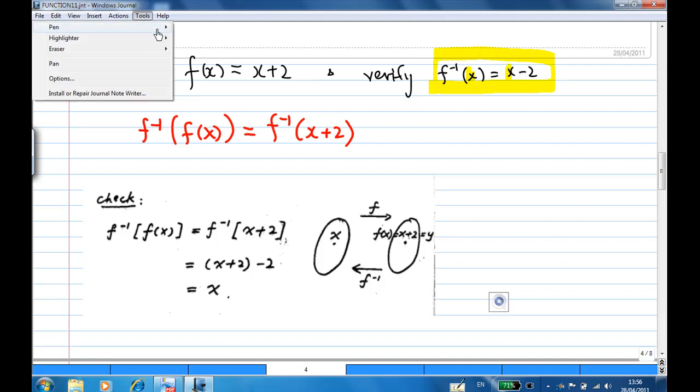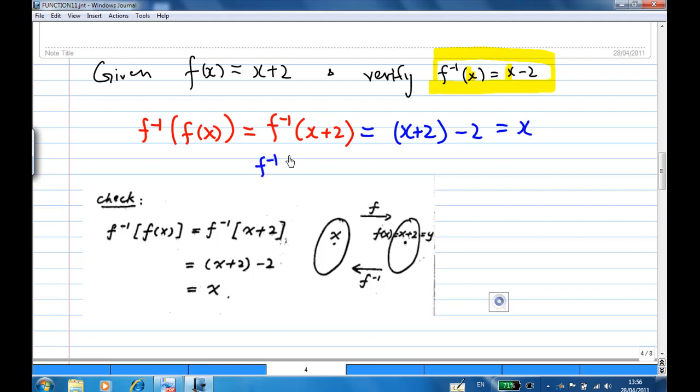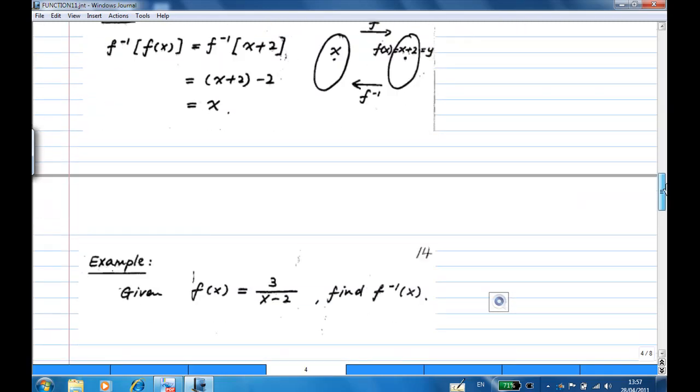So this will give me x plus 2 minus 2 and give you back x again. So I have f inverse of f of x giving back x, and this is how you verify that the answer is correct.